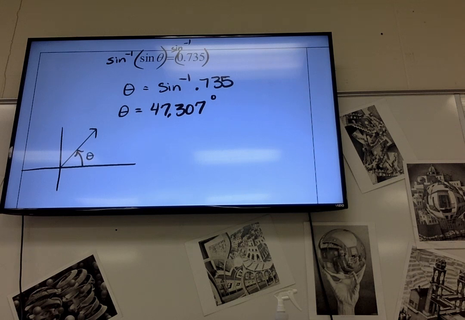But I need the other angle because I know there's two. So where else is the sine positive? Yeah, All Students Take Calculus. So sine is positive also in the second quadrant.